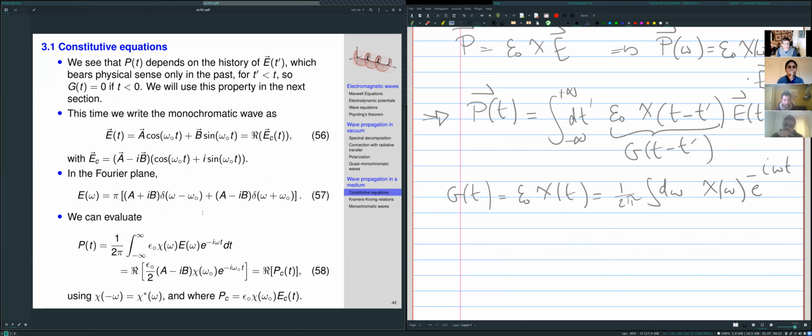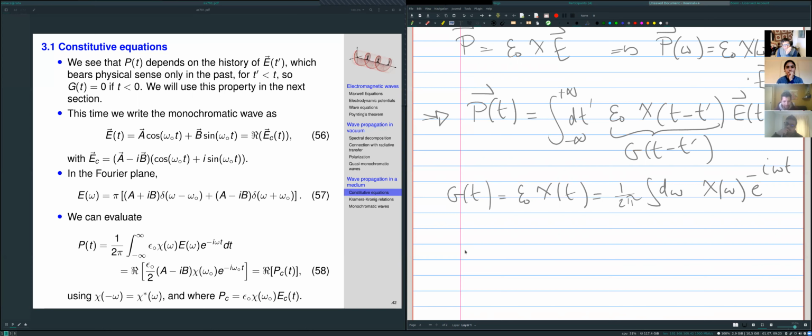Because if you look at this relation, to obtain P of t we need to integrate over all times, with this dt prime going from minus infinity to plus infinity. Now that's kind of weird, because how can we have the polarization at some time t depend on future times?